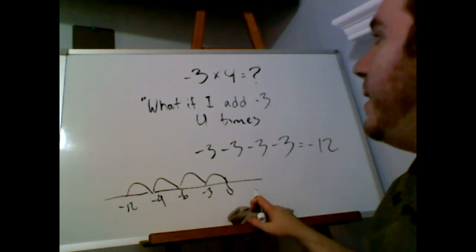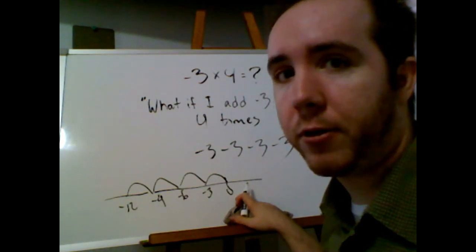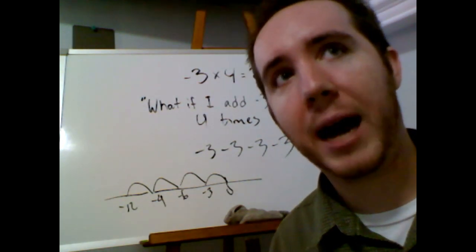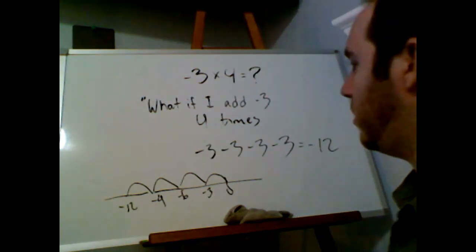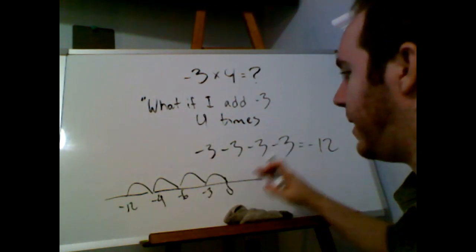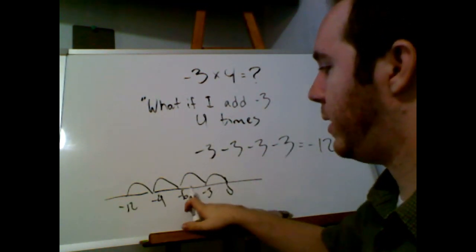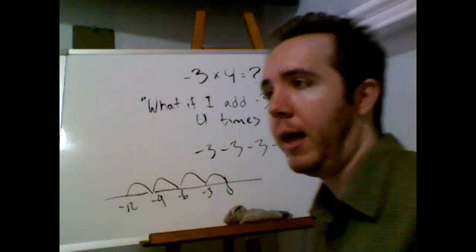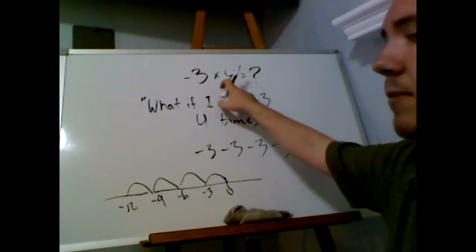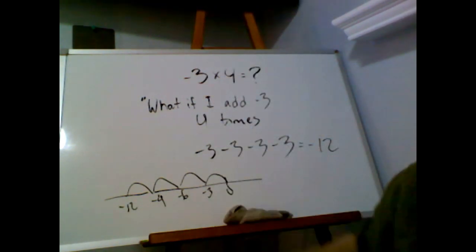And really it's the same idea, because 0 plus negative 3, because we've already shown that adding a negative is the same thing as subtracting a positive. So it just becomes plus negative 3, plus negative 3, plus negative 3, plus negative 3. 0, negative 3, negative 6, negative 9, negative 12. The same operations are happening if the negative is here or if the negative is there.